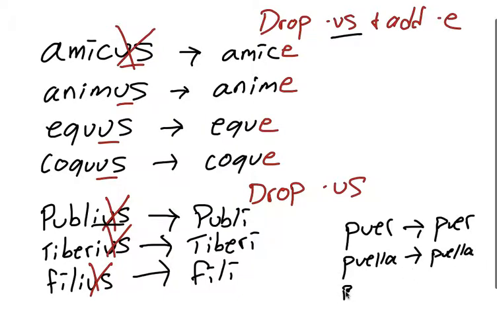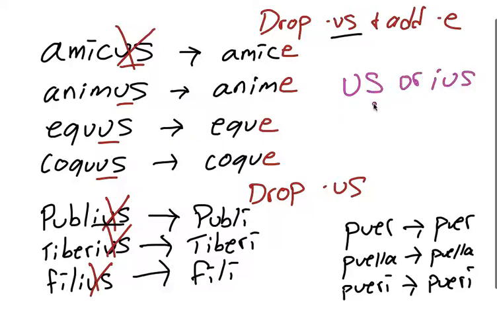The vocative of pueri would be pueri. So it doesn't matter what the word is, unless it ends in US or IUS. Okay, it's the same as the nominative. For US, you drop US and add E. For IUS, you just drop the US. Okay, and it's that simple to form the vocative.